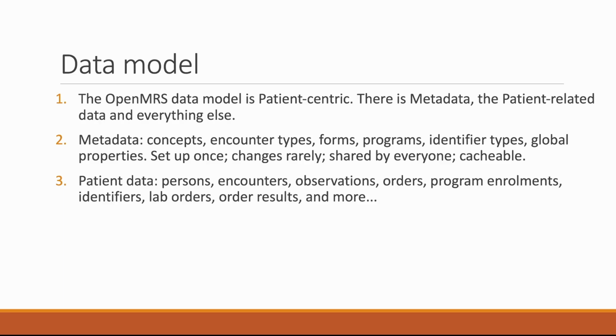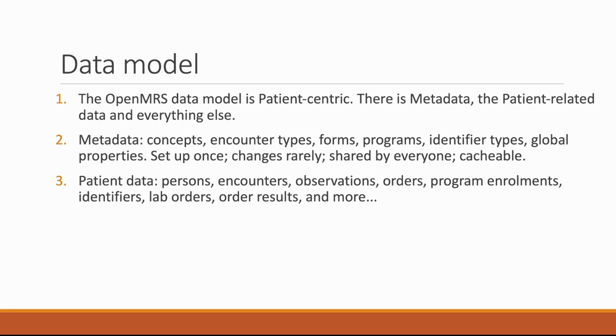Then we have patient data. So in patient data we have the people, the persons. And by the way, in the OpenMRS domain, the plural of person is not people, it's persons with an S. It's bad grammar, but right software engineering, you can say.